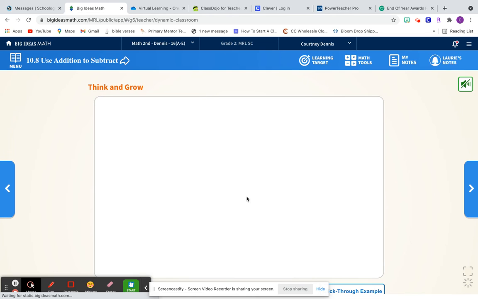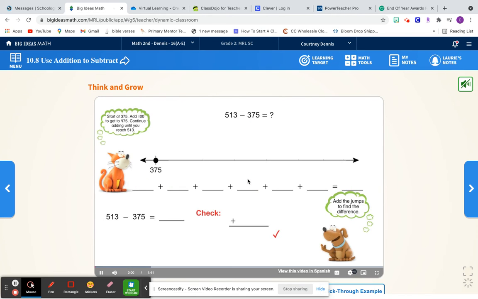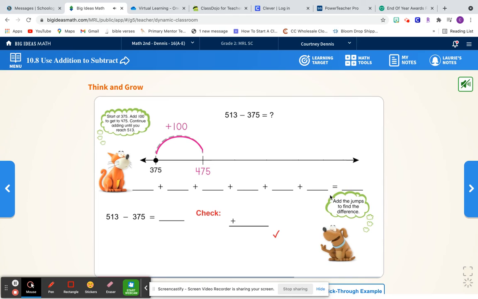All right, let's look at our thinking row for 10.8. 513 minus 375 equals what number? Start at 375. Add 100 to get to 475. Continue adding until you reach 513. 375, 475, 485, 495, 505, 510, 513.